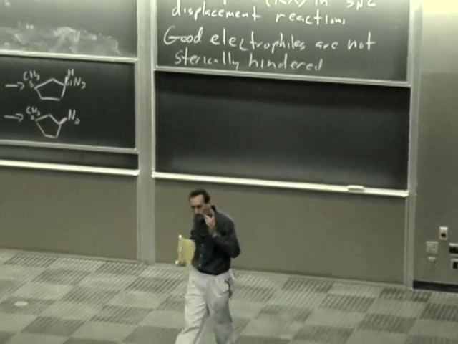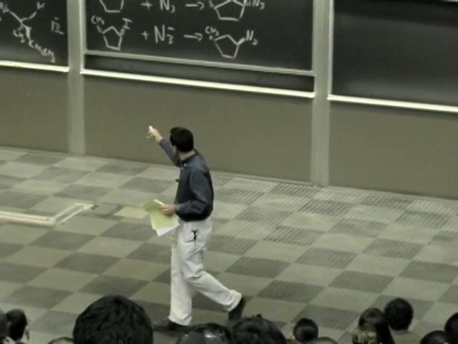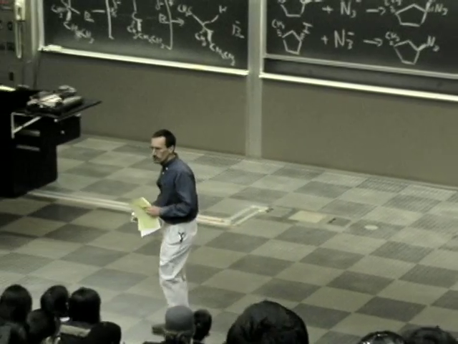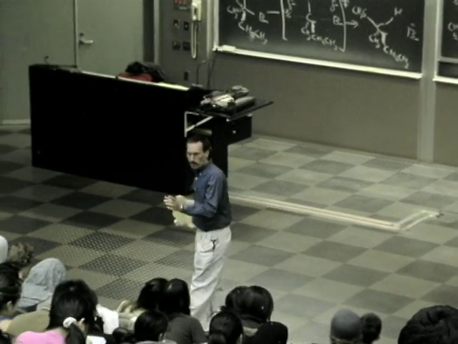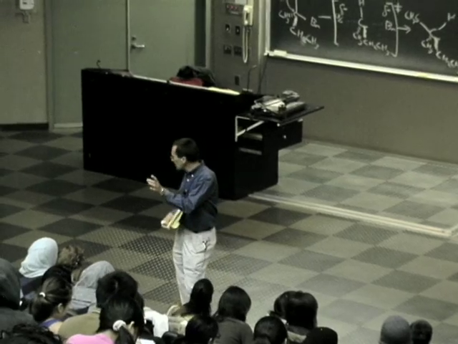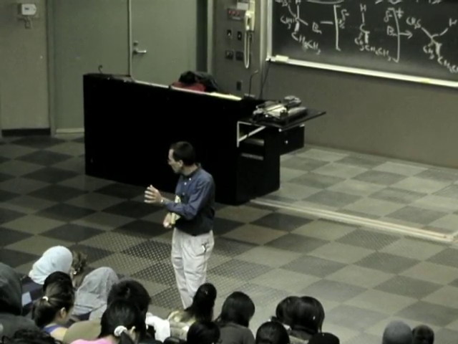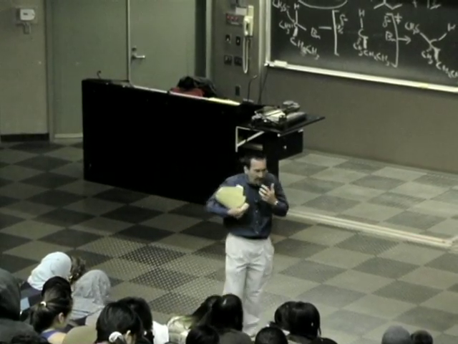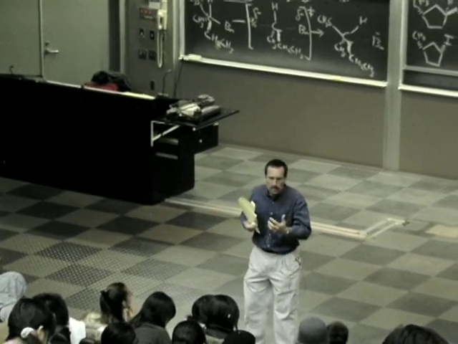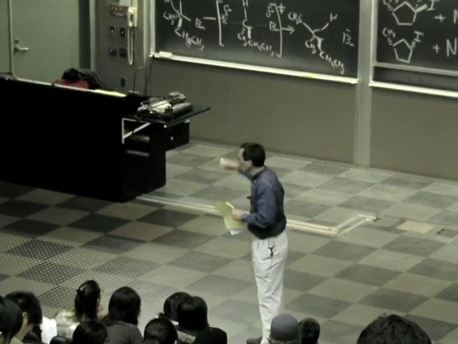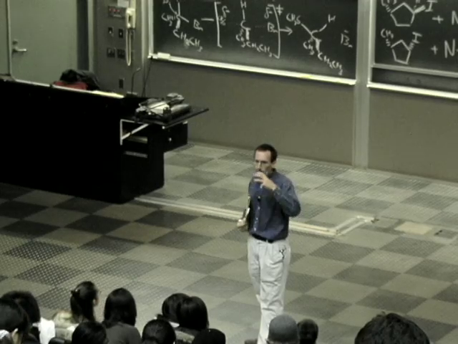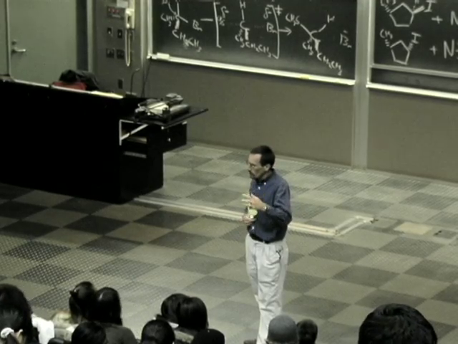In an SN2 reaction, we have to transiently crowd 5 things around the carbon that's getting attacked. That's bad. In order that those 5 things can get in there, in order that the nucleophile can come in and get close enough to attack, we can't have a lot of steric crowding.